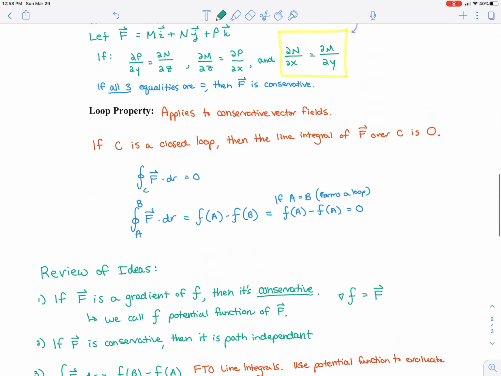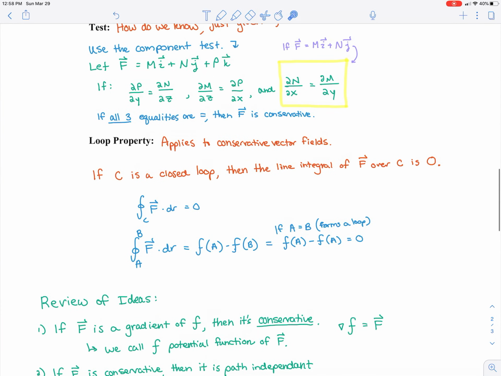That was up here, where if it was a 3-component vector field, we would have all 3 of these equalities be satisfied. But if it was just a 2-component vector field, we only needed to satisfy this last equality.